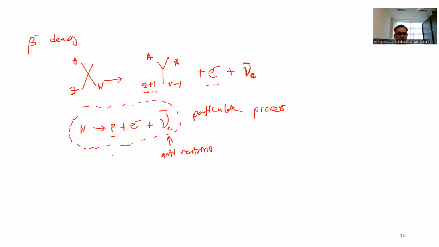So the neutron particle converted into proton particle, negative electron particle, and antineutrino. What is antineutrino? You can search it by yourself. We're not going to discuss it here.